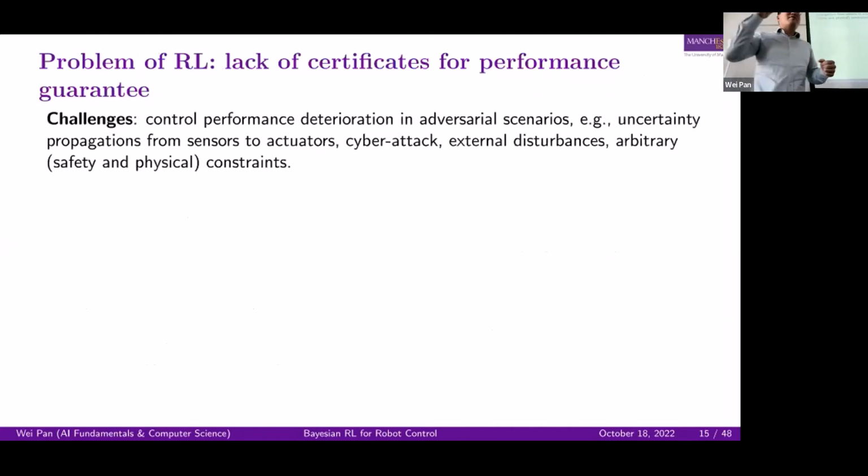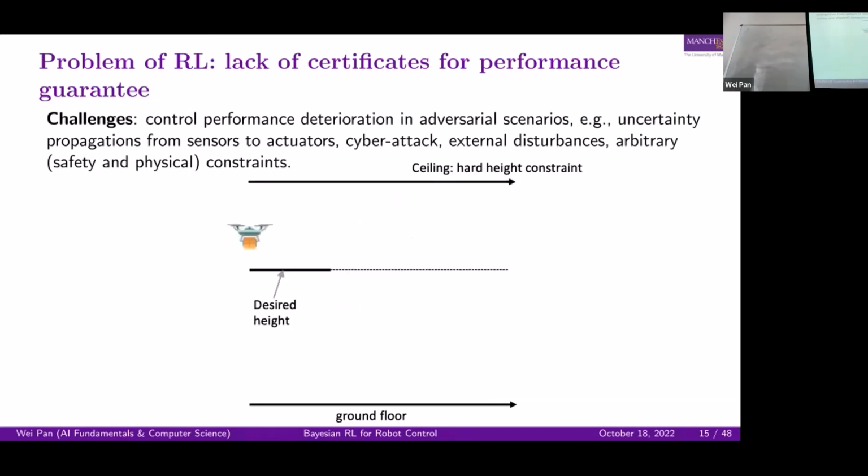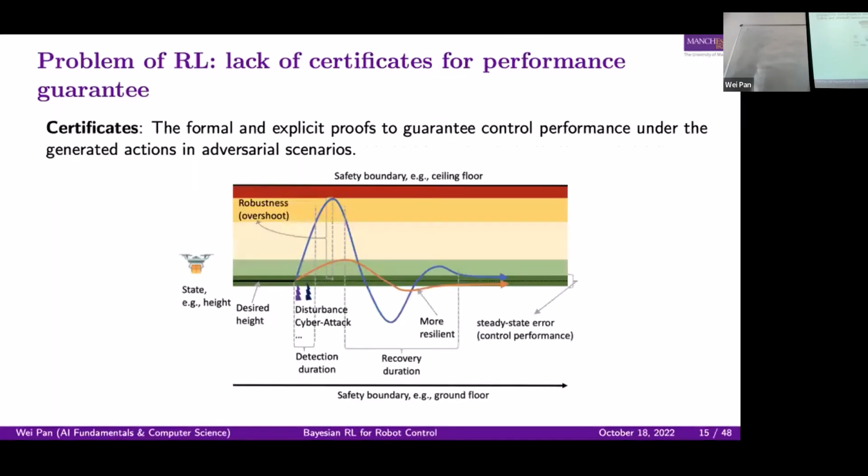Okay. RL is good. RL is impressive, but there's a problem. The problem of reinforcement learning is that there's a lack of certificate for performance guarantee. So the control performance will deteriorate in adversarial scenarios. For example, uncertainty propagation from sensors to actuators, cyber attacks, external disturbances, or arbitrary safety and physical constraints, right?